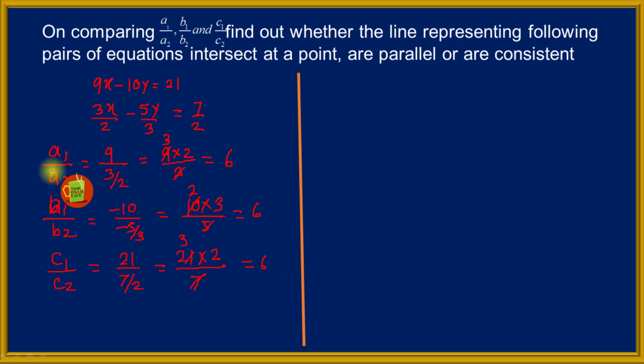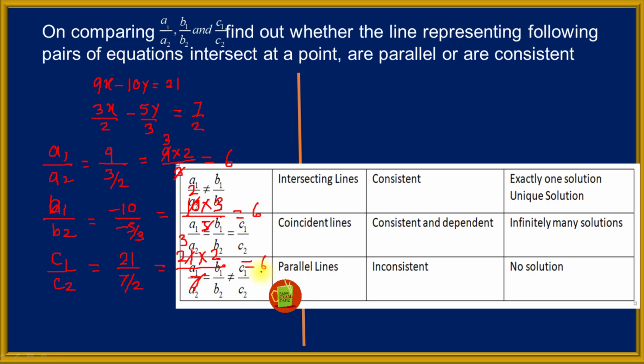And since A1 upon A2, B1 upon B2 and C1 upon C2, all these 3 ratios are equal, then see what is the condition. If the 3 ratios are equal, then the lines are coincident lines and therefore it will have many solutions.